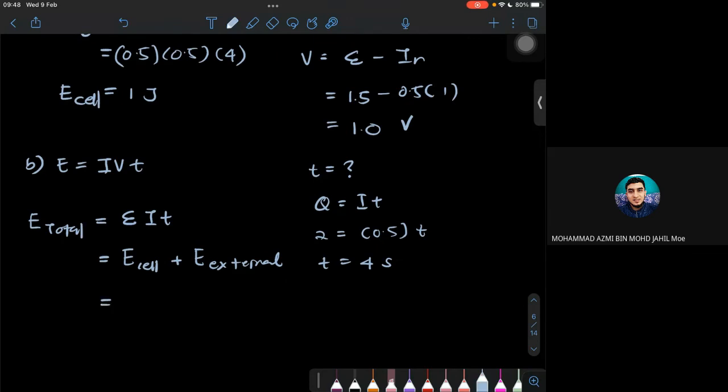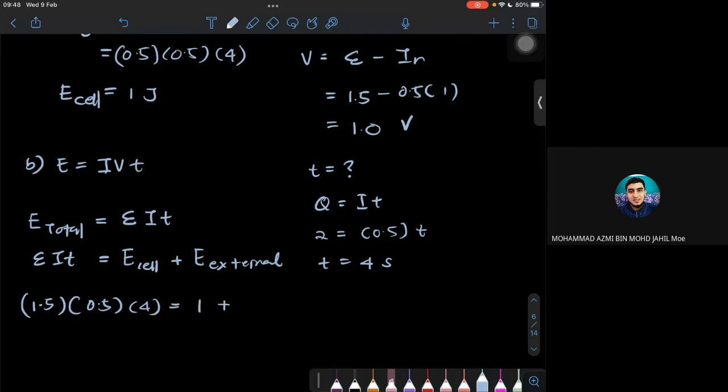So maksudnya kita akan dapat this one, right? So EMF kita ada, I kita ada, T ada, E cell kita ada which is 1 joule. So kita boleh cari E external. EMF is equal to 1.5, I 0.5, T 4 second.